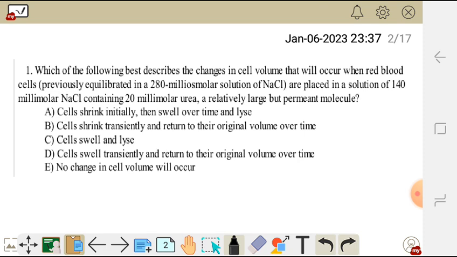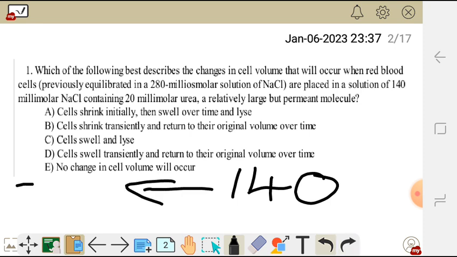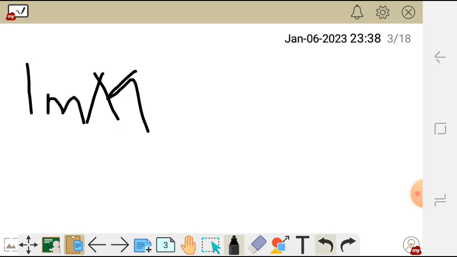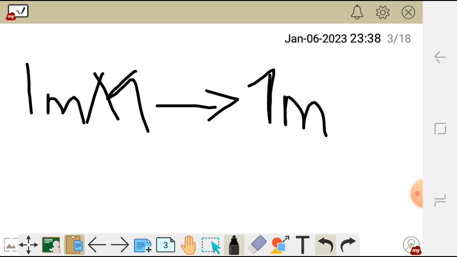So 140 millimolar is the same as 280 in milliosmoles, because 1 millimolar is equivalent to 1 milliosmole per liter if the compound does not dissociate.